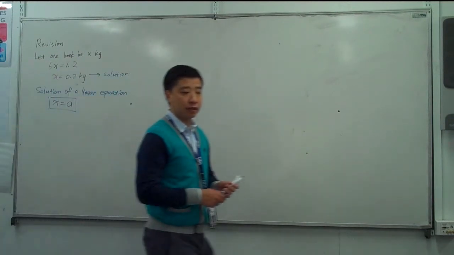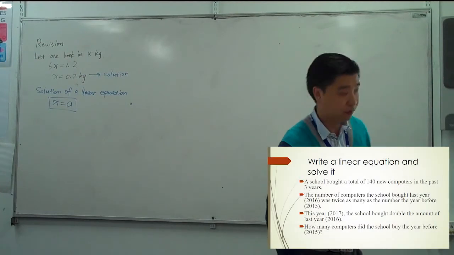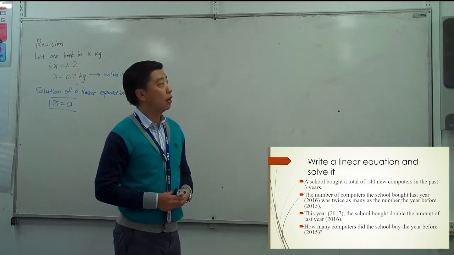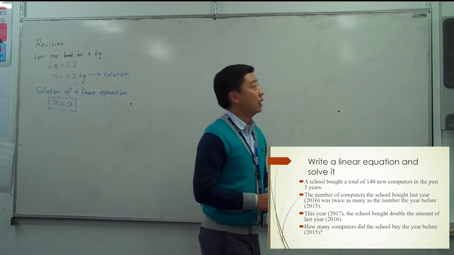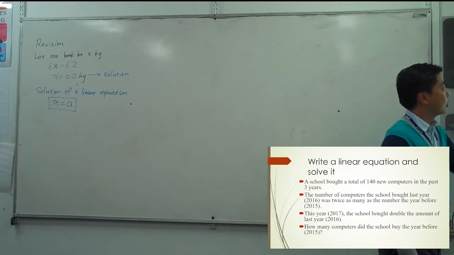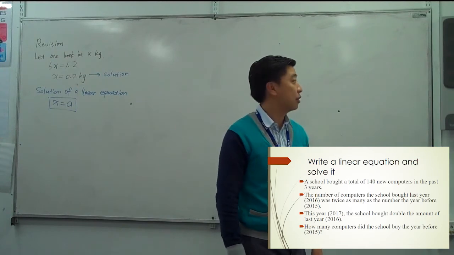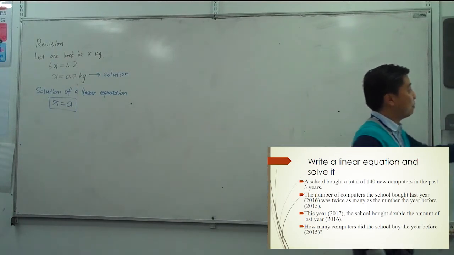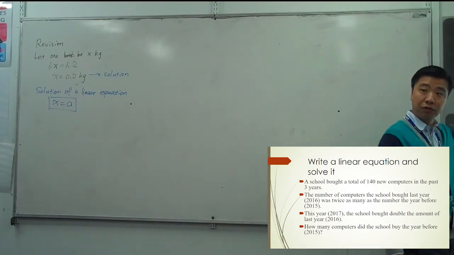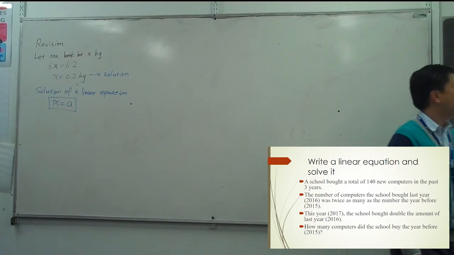Now let's have a look at more examples. It's a little bit smaller, so I will read it for everyone. Write a linear equation and solve it. A school bought a total of 140 new computers in the past 3 years. The number of computers the school bought last year, 2016, was twice as many as the year before.